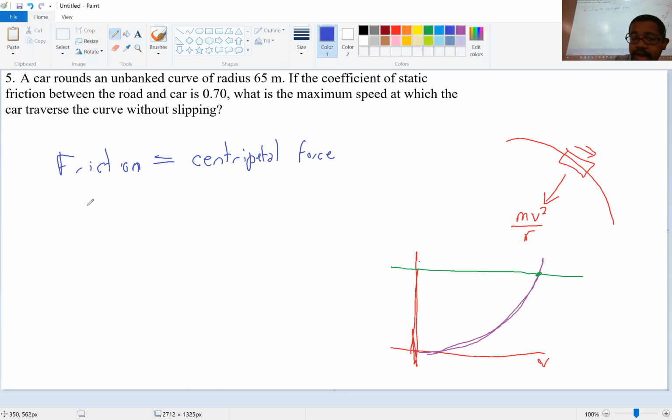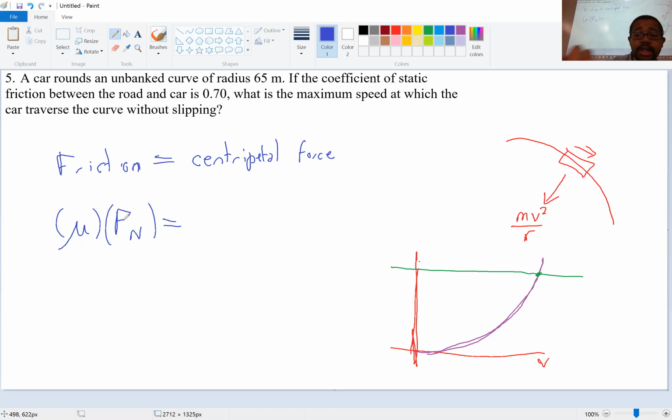And so what is the formula for friction? It's something times something, which we usually write as this mu here, times the normal force, which I will just notate as Fn.